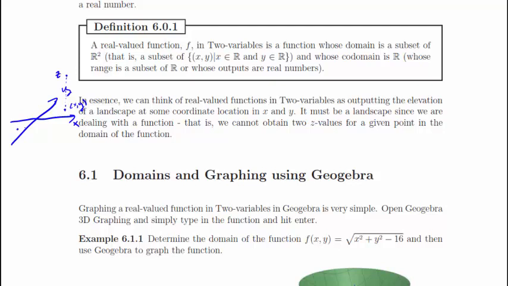For this xy value over here, maybe it outputs an elevation down here with this z value. So here we have a point xy as our input and z is our output.